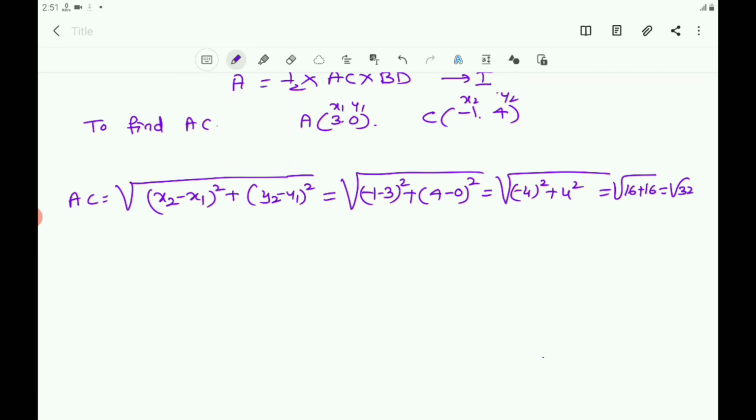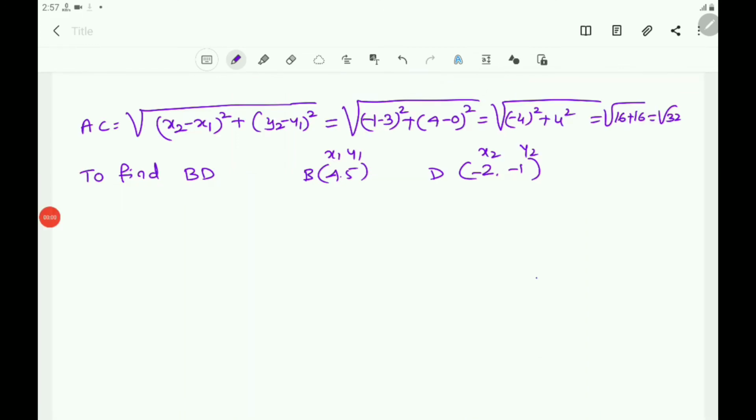Next you take BD, the diagonal. To find BD, B has coordinates (4, 5) and D has coordinates (-2, -1). Now consider these as x1, y1 and these as x2, y2. Then you write the distance formula for BD: BD equals square root of (x2 minus x1) whole square plus (y2 minus y1) whole square.